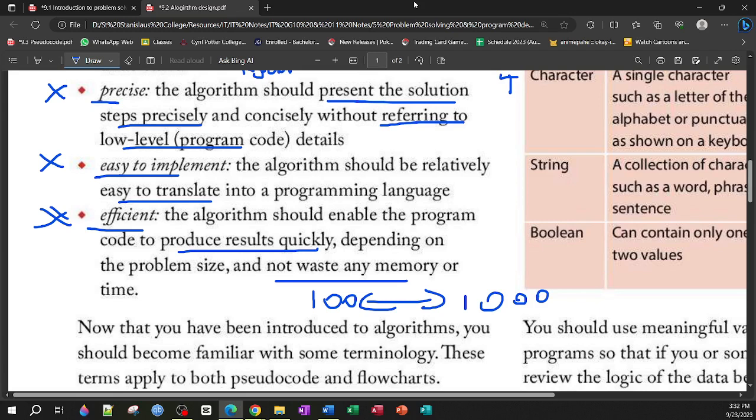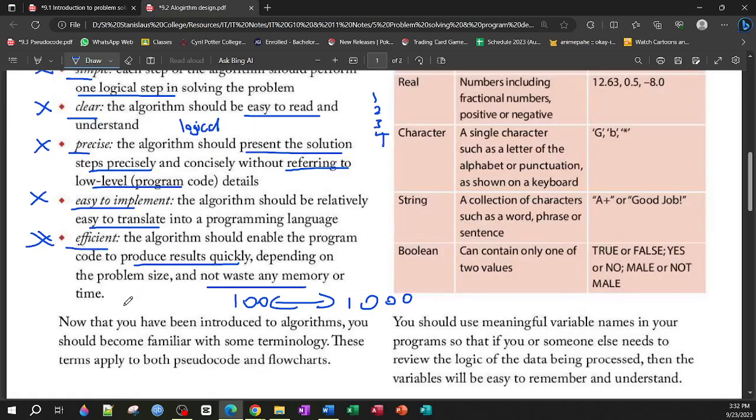But there are certain techniques that we're going to learn later on that can allow you to reduce that 1,000 to maybe 900, 800, and lower. So we want to ensure our program algorithm is efficient by running quickly. And it shouldn't waste any memory or time. So that's making it efficient, how it is storing the data and so on.